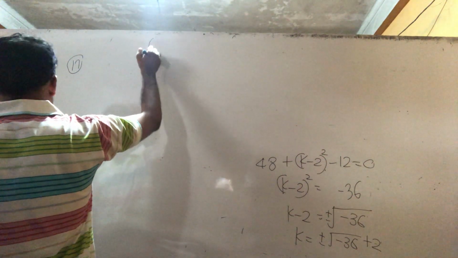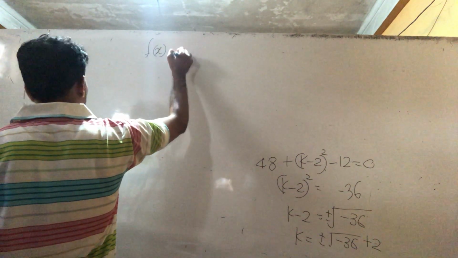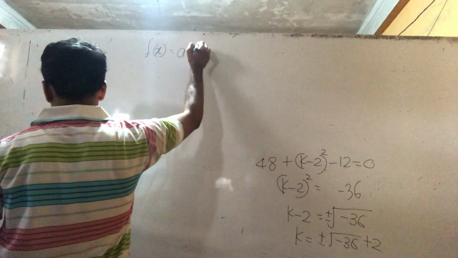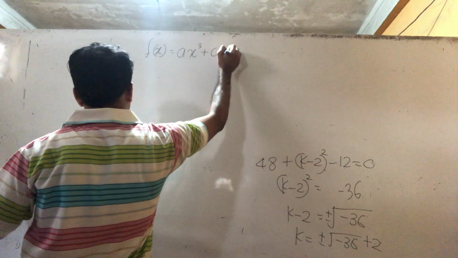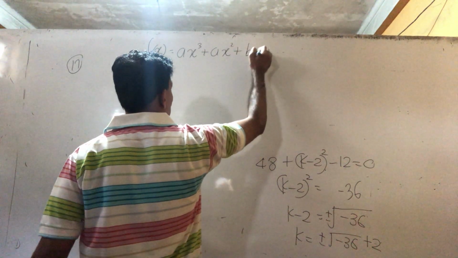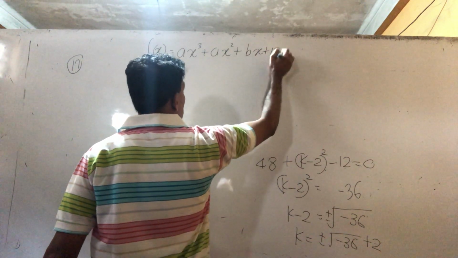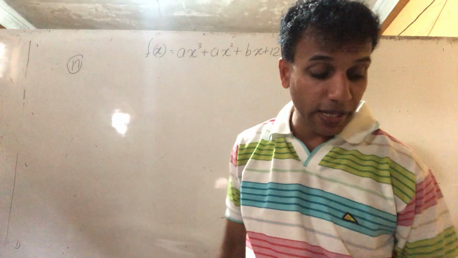So if I say f(x) equal a x cube plus a x square plus b x plus 12. Okay, this is a function in x, a cubic polynomial, power 3 there.